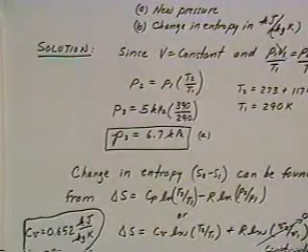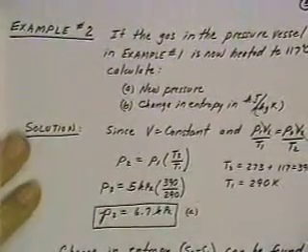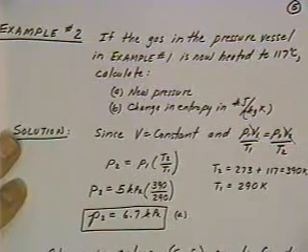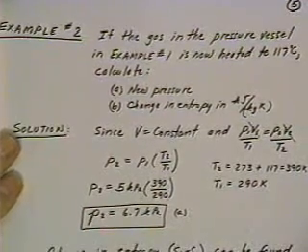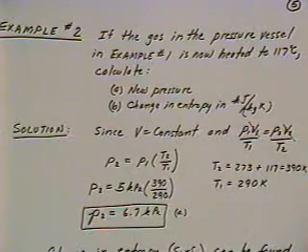Now, what I'd like to do is take another example, take the same example problem, and illustrate with this some more about the gas laws and also to do some entropy calculations. So example number 2 involves the same amount of gas in the pressure vessel.